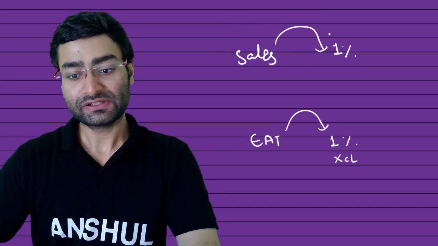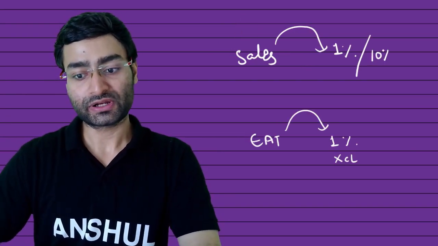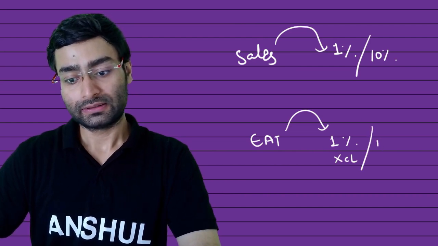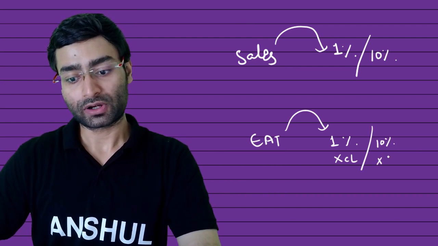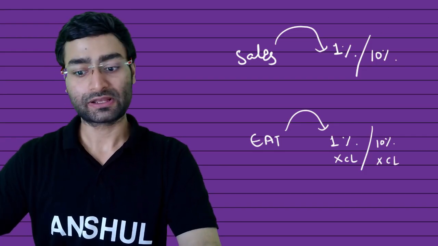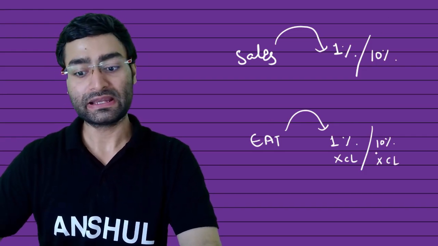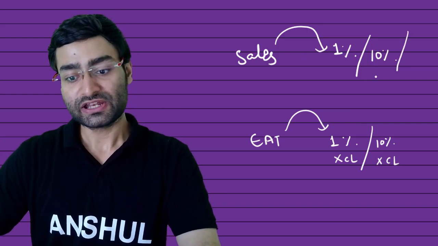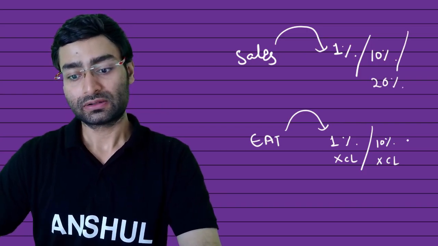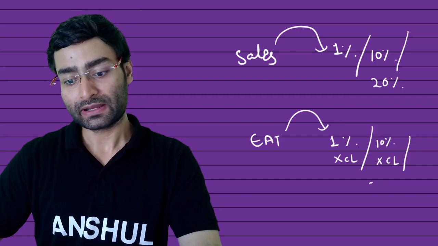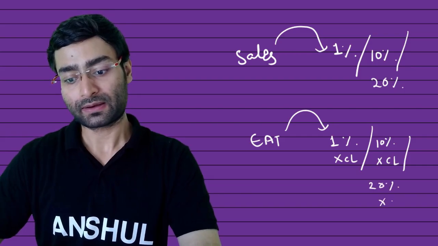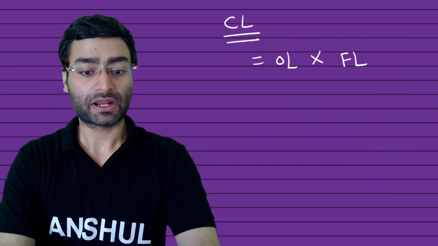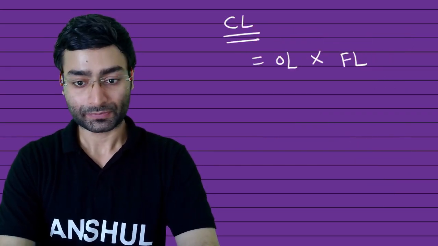If the sales changes by 10%, the EAT will change by 10% multiplied by whatever the combined leverage is. For example, combined leverage is 4, then the EAT will change by 40%. If the sales changes by 20%, the EAT will change by 20% multiplied by combined leverage. Is that okay? This is one interpretation of combined leverage.